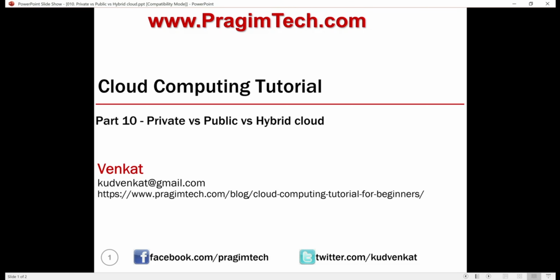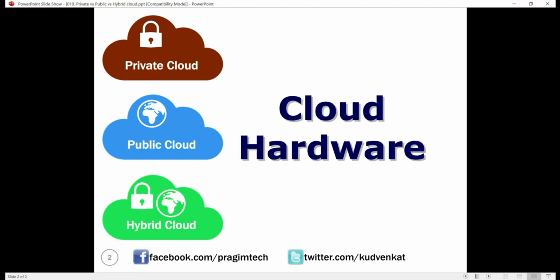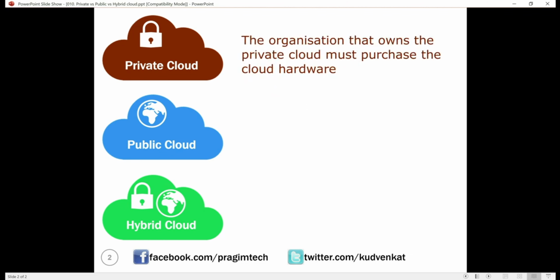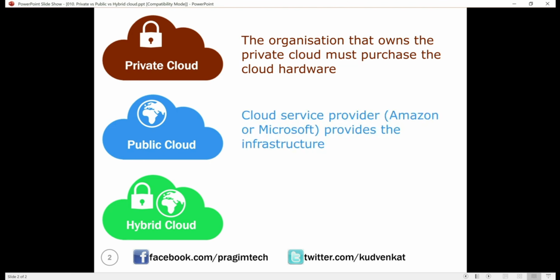First, let's talk about cloud hardware. As far as the private cloud is concerned, the entire cloud infrastructure, that is, the physical servers, storage, networking, etc., must be procured by the organization that owns the private cloud. When it comes to the public cloud, a service provider like Amazon or Microsoft provides the infrastructure.